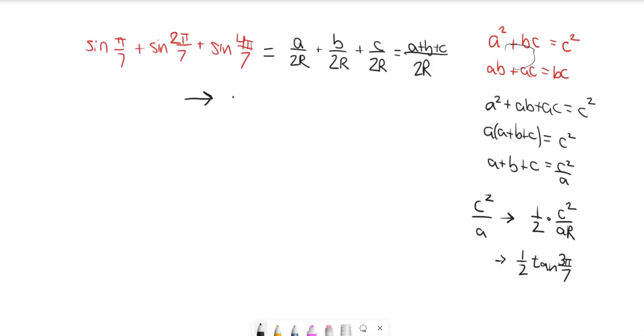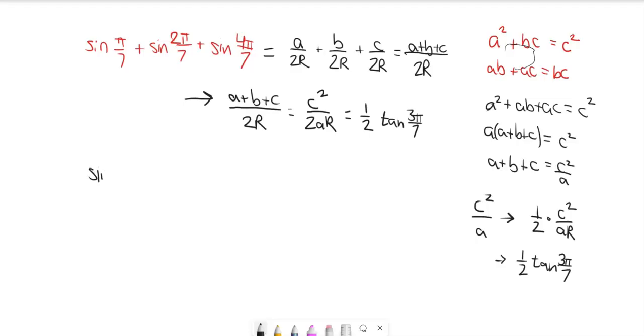Now, here's what will happen. Let's go down here, rewrite that ratio, and then put that equal to c squared over 2ar, just like we proved down on the bottom there on the right side. And then we just showed that that's equal to 1/2 tangent of 3 pi over 7.